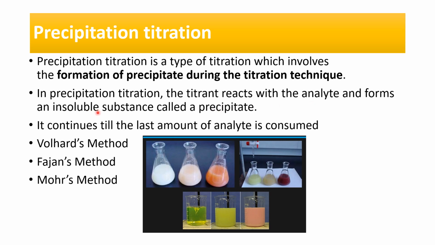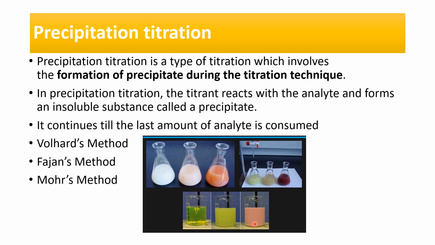Obviously, it is an insoluble precipitate, otherwise it would have dissolved. As you can see here in the picture, these solutions are turbid. Why are the solutions turbid? Because there is a formation of a precipitate. This solution is clear, and here there is formation of precipitate, indicating that your reaction has started. So indicators are there which will indicate that the reaction has taken place.